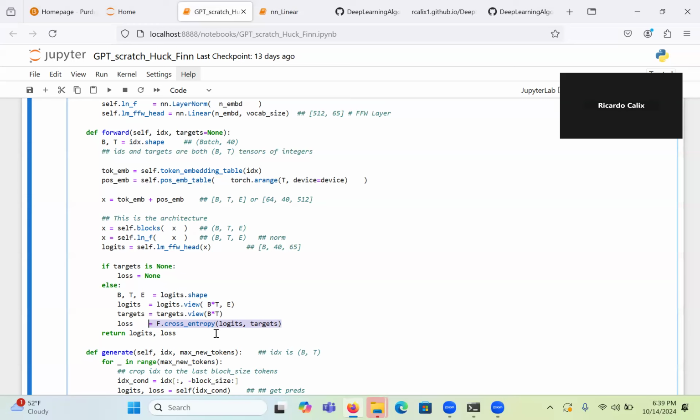The targets would just be the IDs. They're not one-hot. They don't need to be, because think about it. You could take the IDs and one-hot encode them, and that's an extra step. So at some point, somebody said, let's remove that step by allowing the targets to just be the IDs, and then we will one-hot encode them in there.